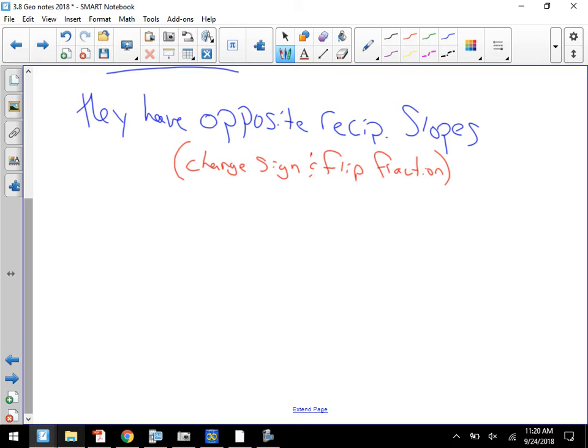For example, I like to use this terminology a lot. My original slope is 2/3. And I'll write it like that. The original slope is 2/3. What's parallel to 2/3? 2/3. You're not wrong, it's the same thing.